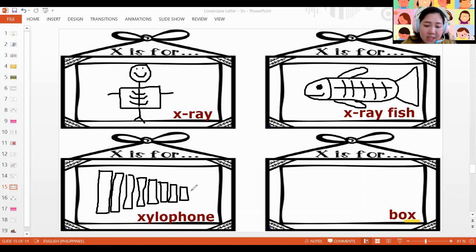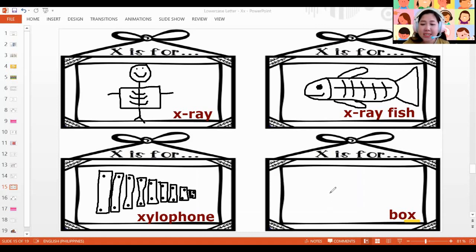And this is the last rectangle. And our xylophone usually has dots, just like that. Dots, dots, dots. And that is my xylophone.